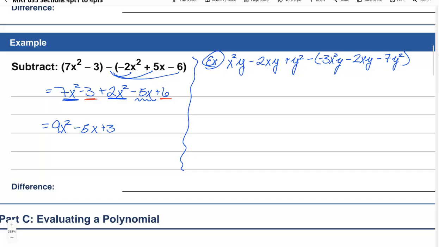So even though we've got multiple variables in here, same rule is going to apply. We've got to apply like terms. My first step is going to be to distribute the negative. So I have x squared y minus 2xy plus y squared minus negative 3x squared becomes a positive 3x squared y. Negative times a negative gives me a positive 2xy. And a negative times a negative again gives me a positive 7y squared.